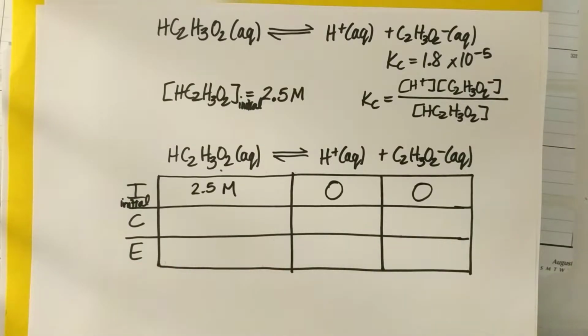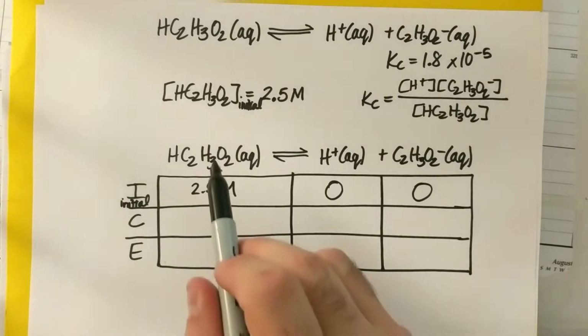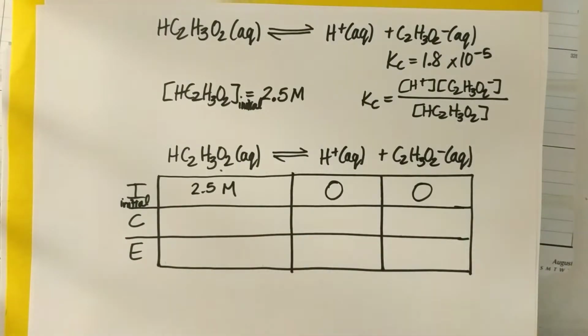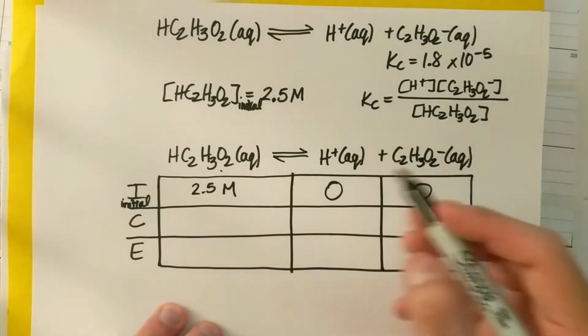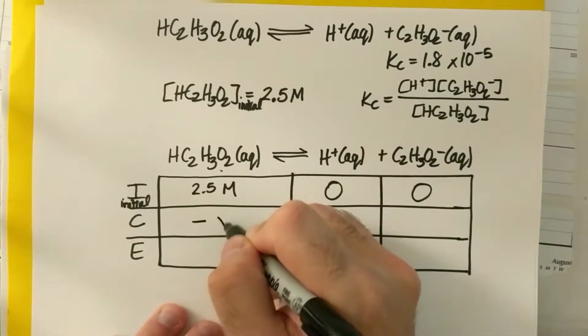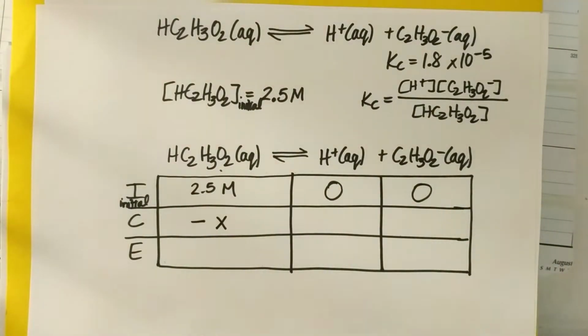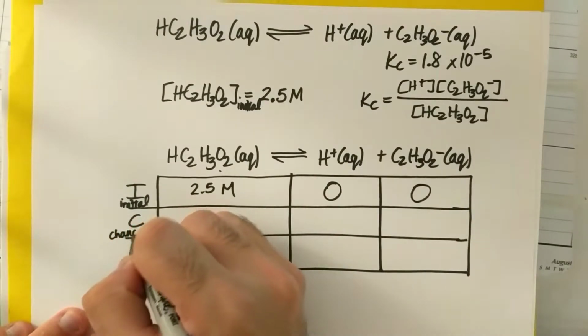I do not know my changes yet. So what we do is use X as a variable that we're trying to find. I know as a reactant, I'm losing some molar quantity, and everything is a 1-to-1 mole ratio. So I'm going to lose an X. This goes in my change.